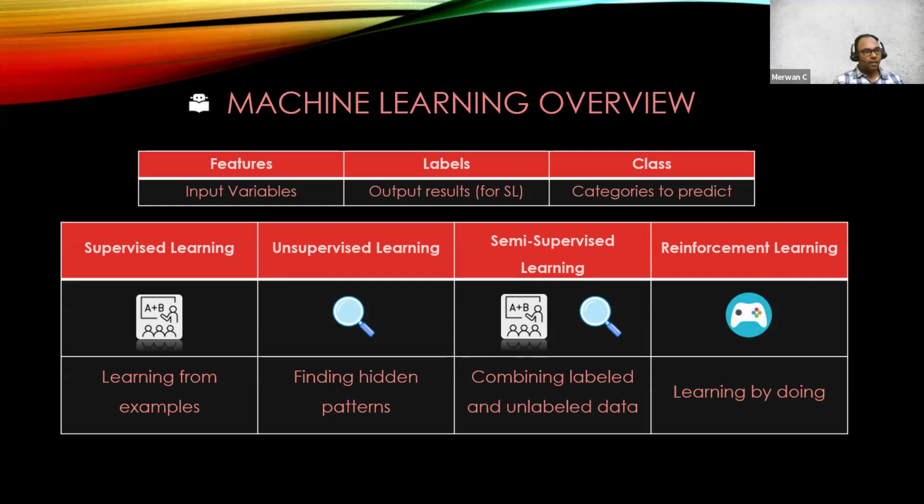And semi-supervised is a mix of both supervised and unsupervised. We give the computer a few labeled examples and it uses them to make sense of a lot more data that does not have labels. When we come to reinforcement learning, the computer learns through trial and error. Assume like playing a video game. You want to reach your destination to find a treasure.